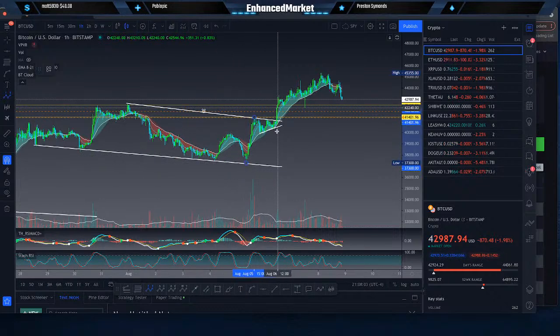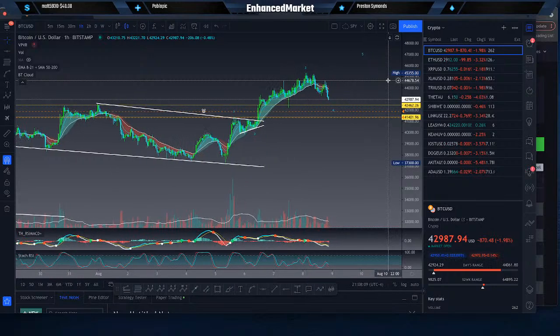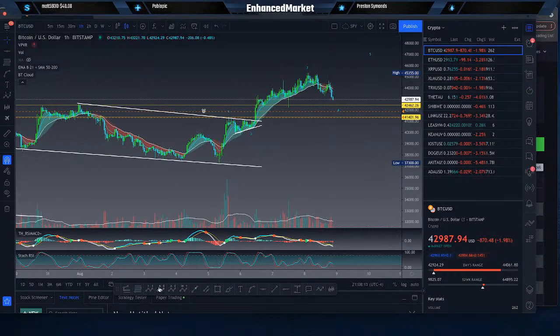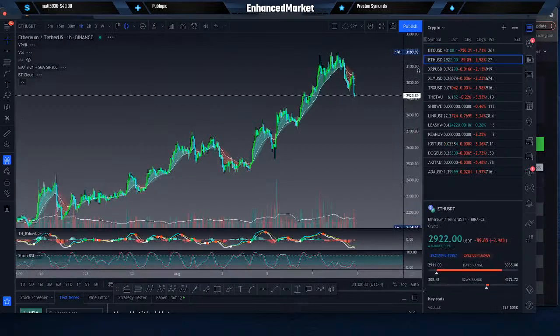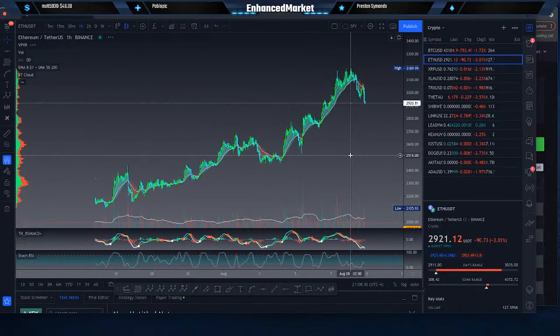So we had the wave 1, 2, 3, possible wave 4, and then 5 up here. Right, we have A, B, and C. So it should test 42,464, which is this double top right here. Right, we had that support right here. And yeah, Ethereum basically doing the exact same thing.